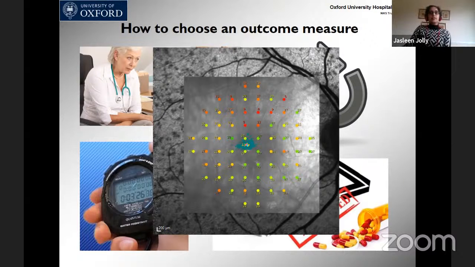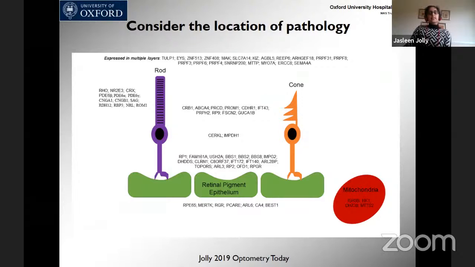So everything is interlinked. Because I work in genetics, another thing that I'm trying to work on is eventually I want to be able to look at the gene defect where it's functioning. So these are lists of genes, and the position of them shows at what point they're working. So these genes, for example, function in the outer segment of both rods and cones.